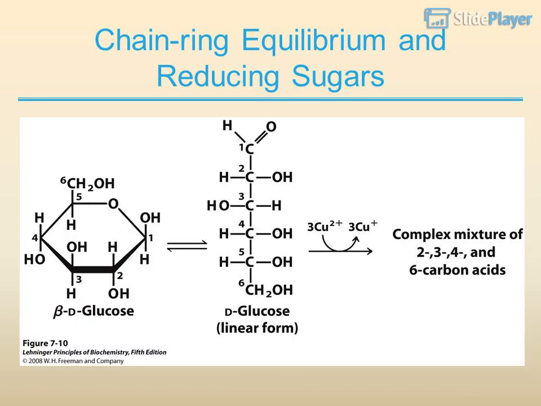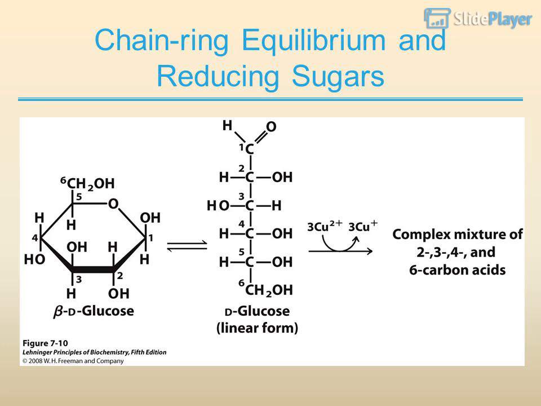Chain-ring equilibrium and reducing sugars. Figure 7.10 Sugars as reducing agents. Oxidation of the anomeric carbon, and probably the neighboring carbon, of glucose and other sugars under alkaline conditions is the basis for Fehling's reaction. The cuprous ion, Cu+, produced forms a red cuprous oxide precipitate.